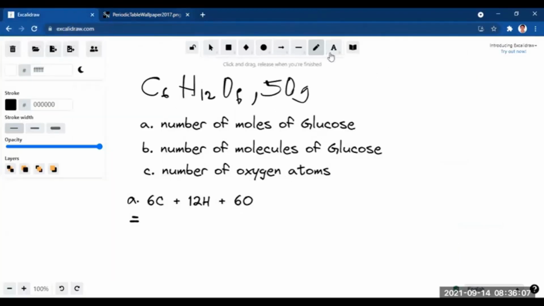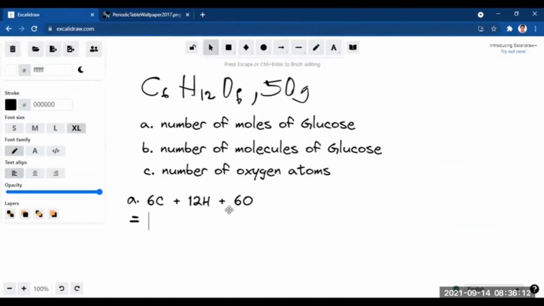Okay. So this will be 6 times 12.011 plus 12 times 1.008 plus 6 times 16. This is for the molar mass. So let's solve using our calculator.